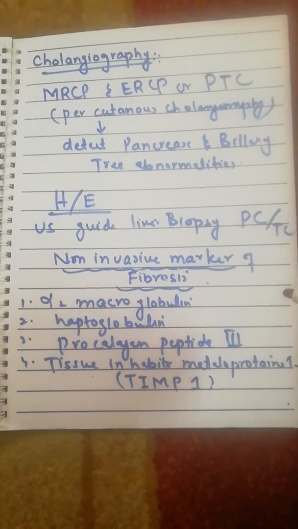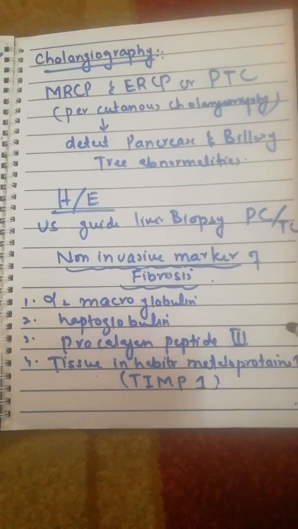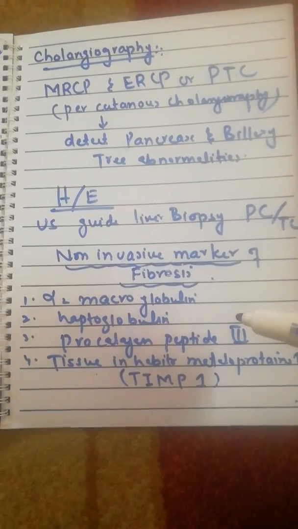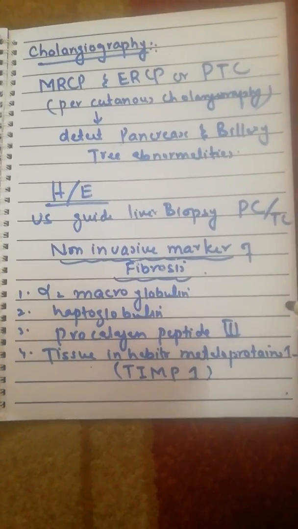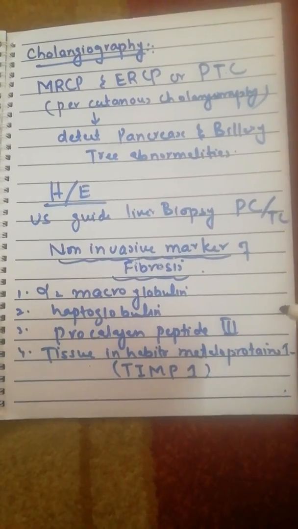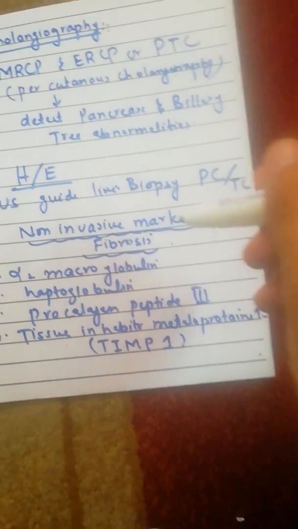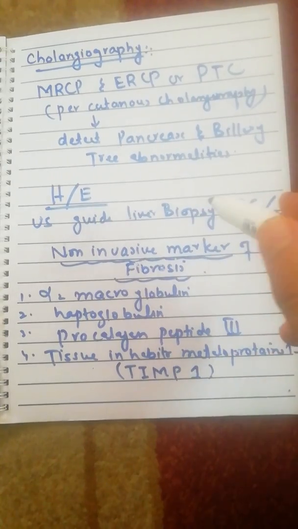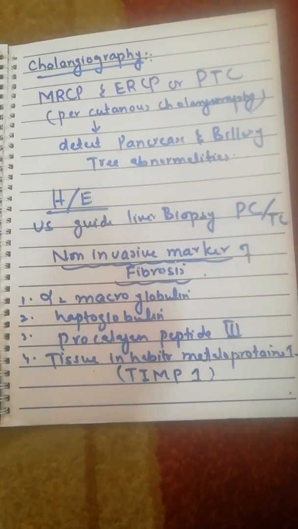And there are some non-invasive markers of liver fibrosis. These contain alpha 2 macroglobulin, haptoglobin, procollagen peptide 3 and tissue inhibitor of metalloproteinase 1. So all these are non-invasive markers of liver fibrosis. If these are present, we can get an idea of the liver fibrosis.